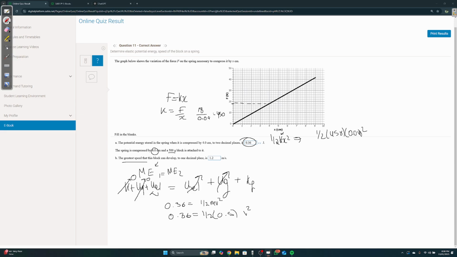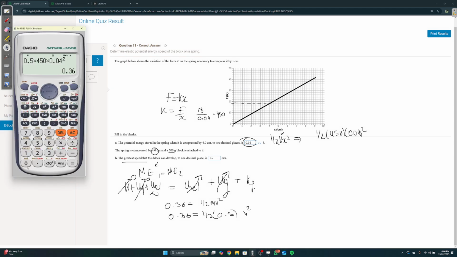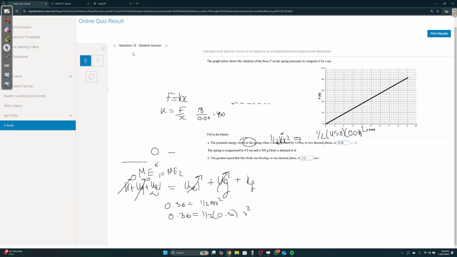You can find the velocity easily. 0.5 times half, which is also 0.5, you get 0.25. Then dividing on both sides, you get 0.36 divided by 0.25 and square rooted, you get 1.2 meter per second.